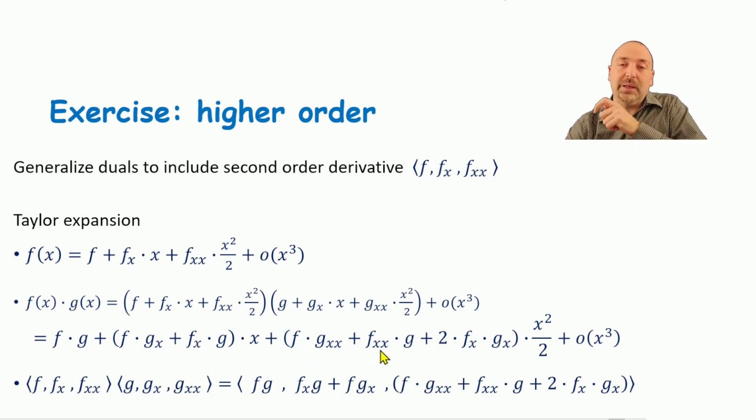I mean, there are more multiplications. You have f times second derivative of g plus second derivative of f times g plus 2 times the two first derivatives, and you just plug it there. Okay. Remember that now x squared is divided by 2, so you know, a bit of... But anyway, in principle, you can just generalize the algebra, and you can take this as an exercise to make sure you understood everything I explained so far.